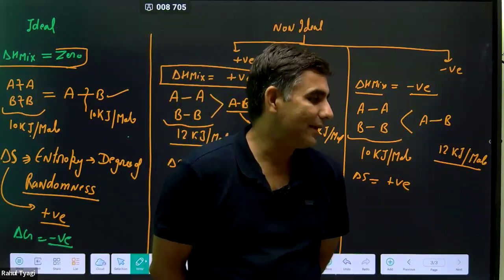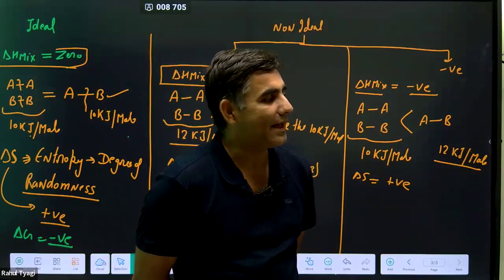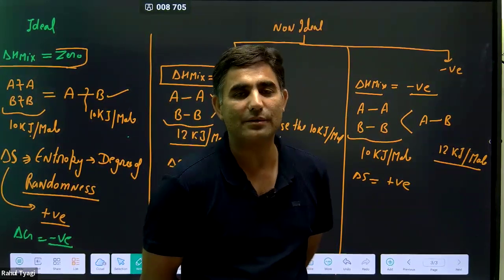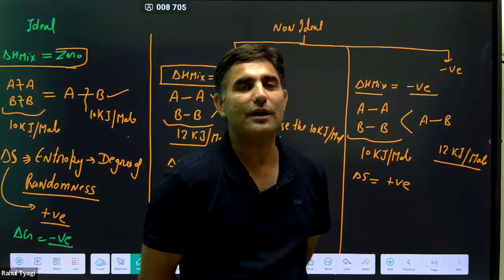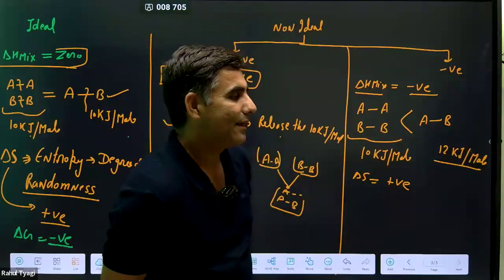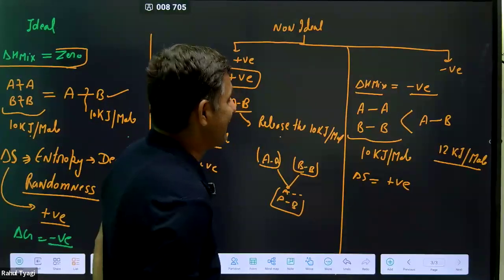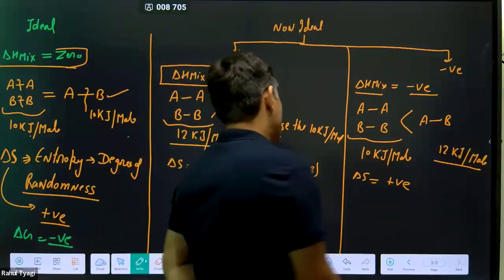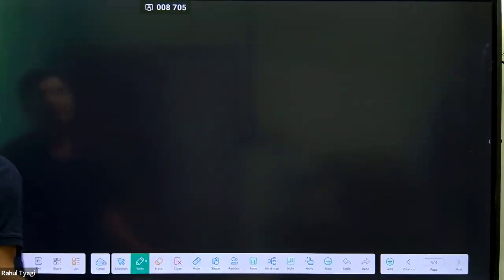What is the exact definition of the Gibbs energy? What do you understand by Gibbs energy? You have heard so many times what Gibbs energy is. So let me explain. I didn't get any response.